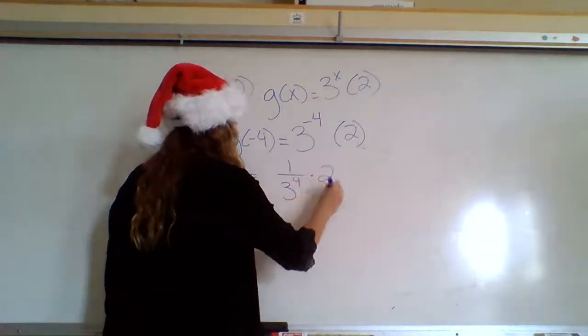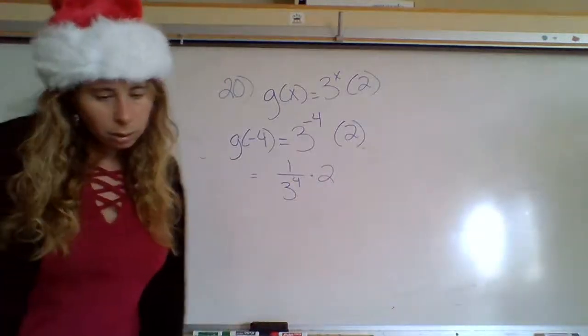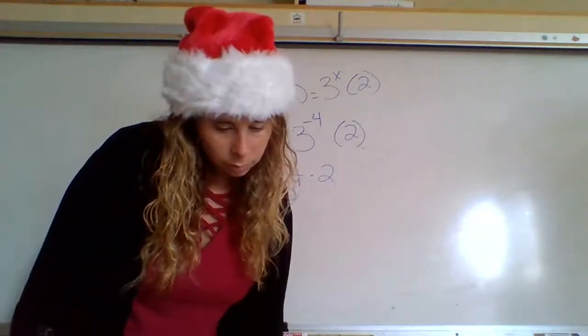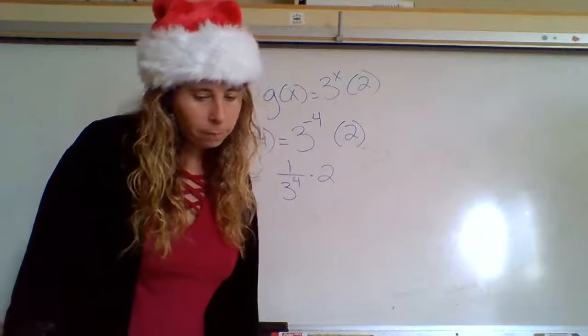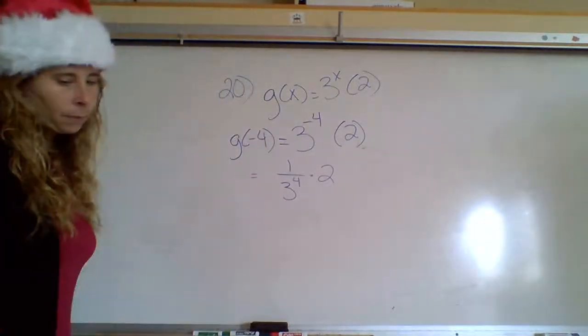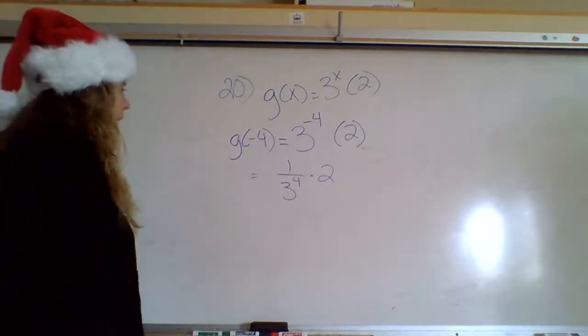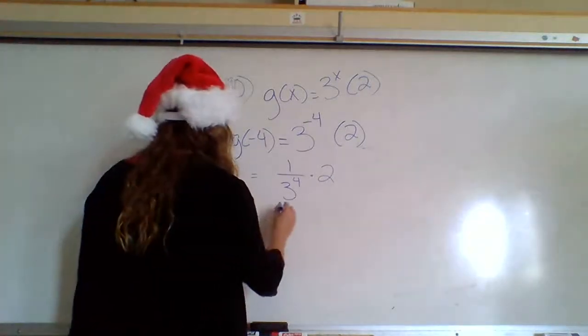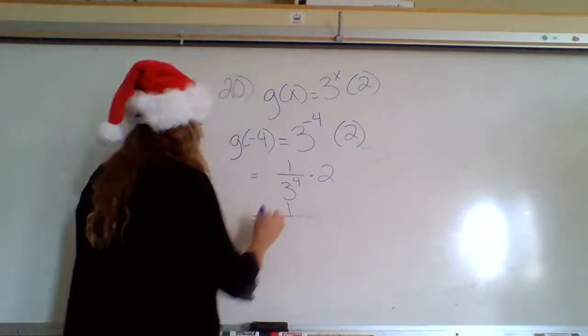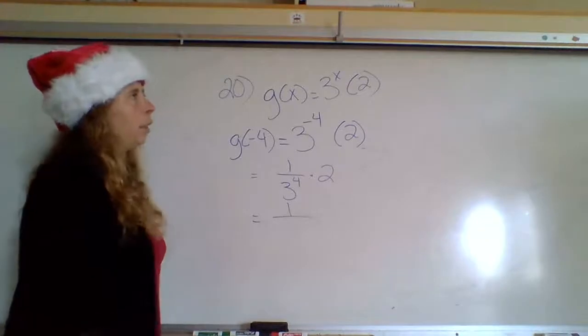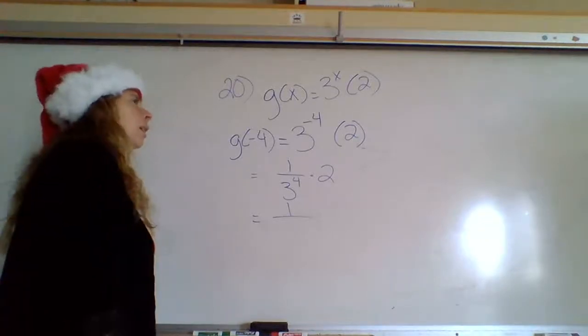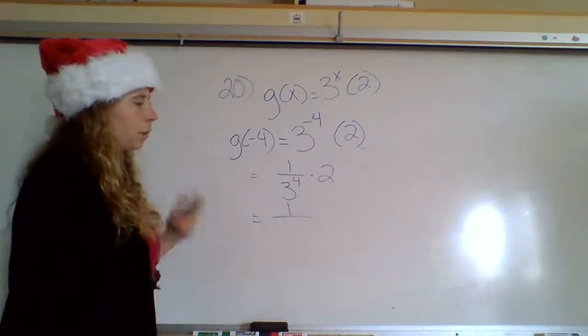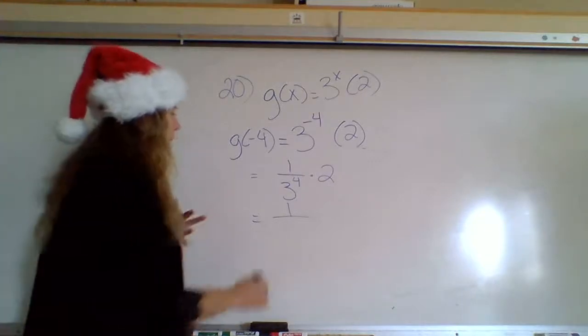Are we solving these to find exact values? Oh, we are. Okay, well. All right, 3 to the 4th. 3 times 3 is 9, times 3 is 27, times 3 is 81.